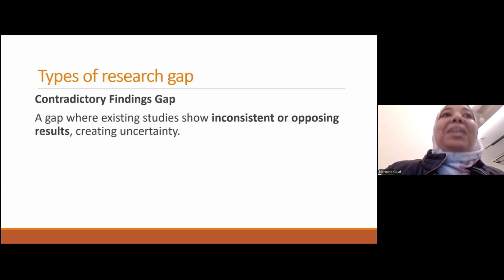So a very interesting, and I believe one of the safe research gaps that we can work with, is when the literature itself gives you contradictory results. So maybe using a certain teaching method proved effective with a certain group of learners. However, the very same method, the very same steps were implemented elsewhere, and the results are not similar.